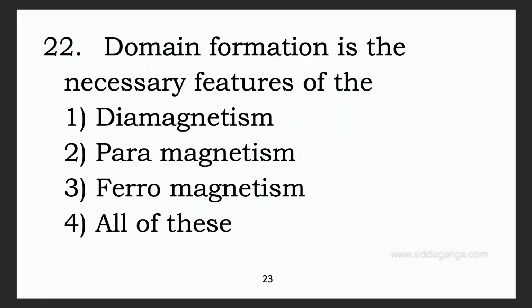Next, domain formation is a necessary feature of, you come to know again in the classification of magnetism. With no dipole moments, the substance is called diamagnetic. In paramagnetic, dipole moments are there, but because of the temperature of the system, the dipoles are oriented highly in random order and net magnetism is zero. Less response to the magnetizing field.